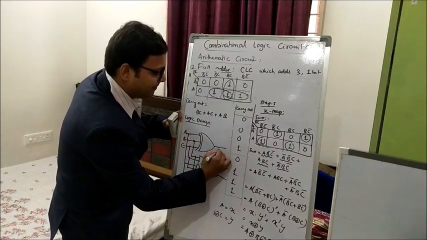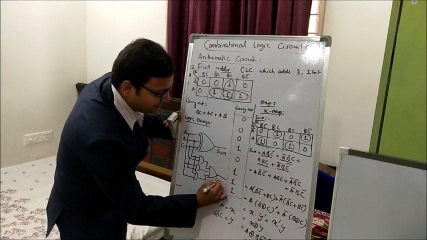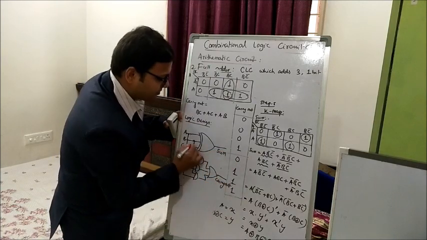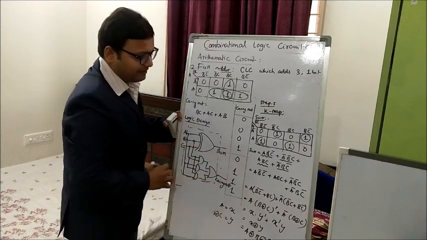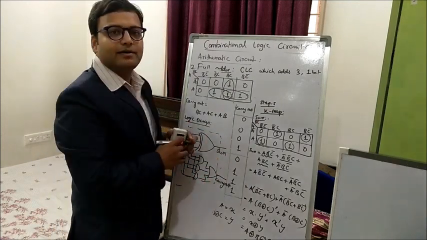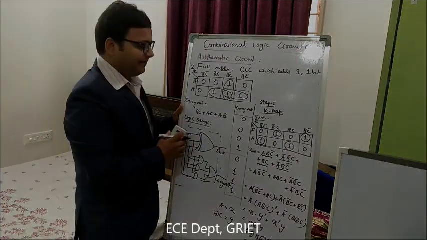So this is my sum, and finally this is my carry out. So this is the box which we have designed as a logic design for the full adder combinational logic circuit.